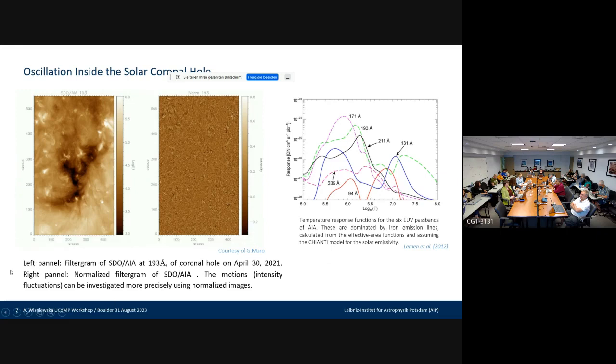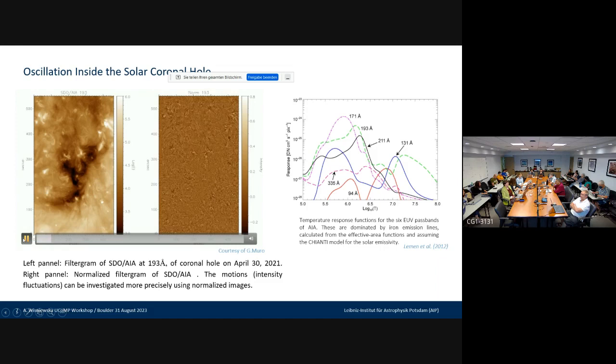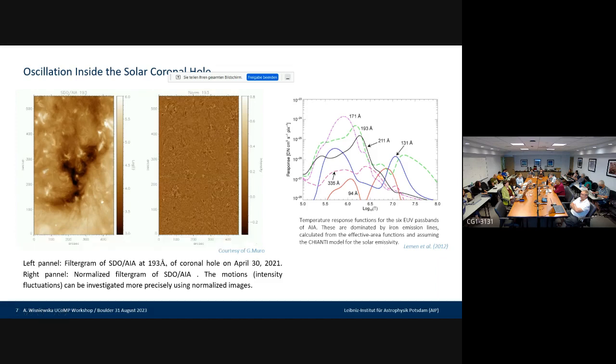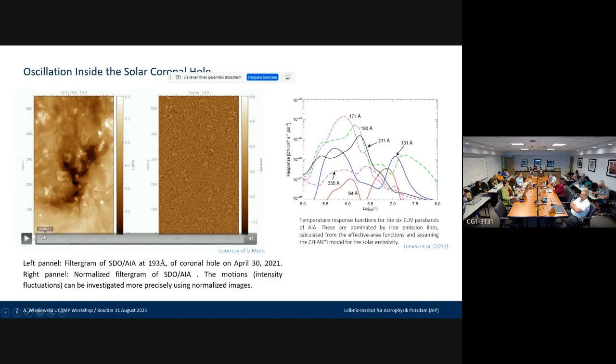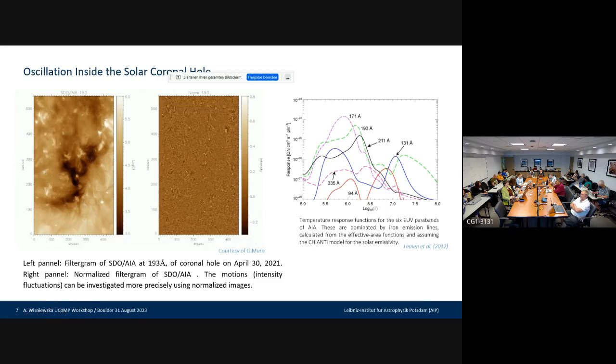So basically we have the same data. On the left panel is the original from SDO-AIA at 193 angstrom, and on the right you have the normalized one. It's the same data set, and you can see that on the left side the motions of the plasma are pretty much visible, whereas on the right side we don't see much movement.